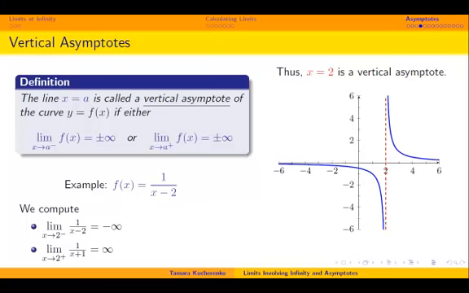The graph of f of x is a shifted hyperbola. You see that the graph decreases to negative infinity along the line x equals 2 on the left and increases to positive infinity along the line x equals 2 on the right.